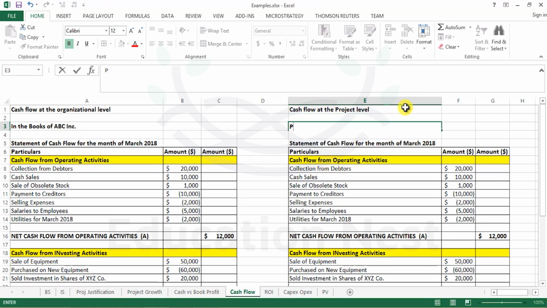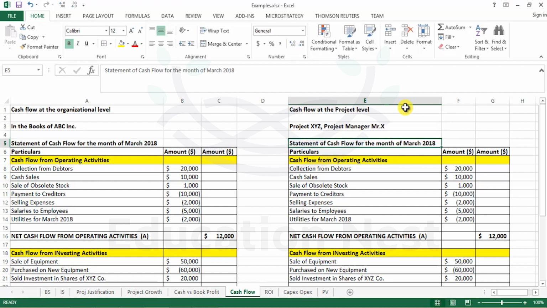We'll just label project XYZ and we'll label the project manager as our famous Mr. X. Okay, statement of cash flow for, we just need to modify the labels here, project XYZ for the month of March 2018.